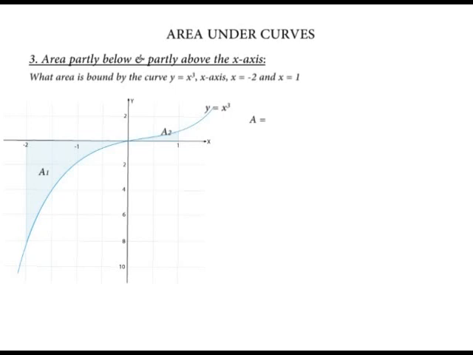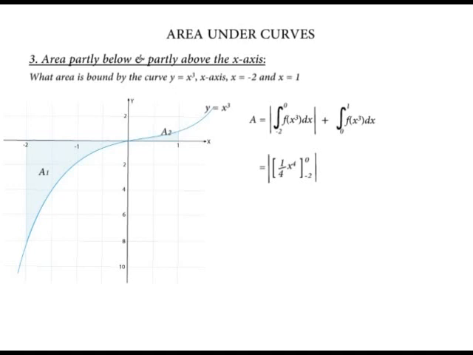That is equal to the absolute integral value of x cubed with respect to x from -2 to 0 plus the integral of x cubed with respect to x from x is equal to 0 to x is equal to 1. Notice how the upper and the lower limits are structured. If we integrate that, we get a quarter x raised to power 4.